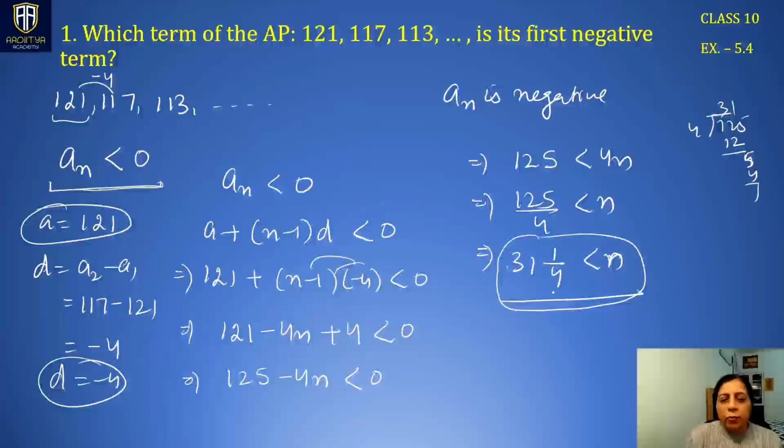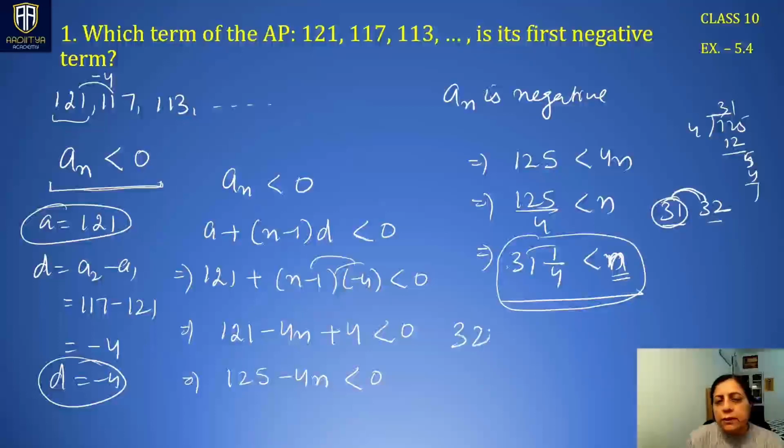That means n is greater than 31 1 by 4. N is greater than means the number of the term is greater than 31 1 by 4. We cannot have n in fractions, so the next term after 31 will be 32. So n has to be greater than 31. Till 31 we do not have a negative term. The next term to 31 becomes 32.